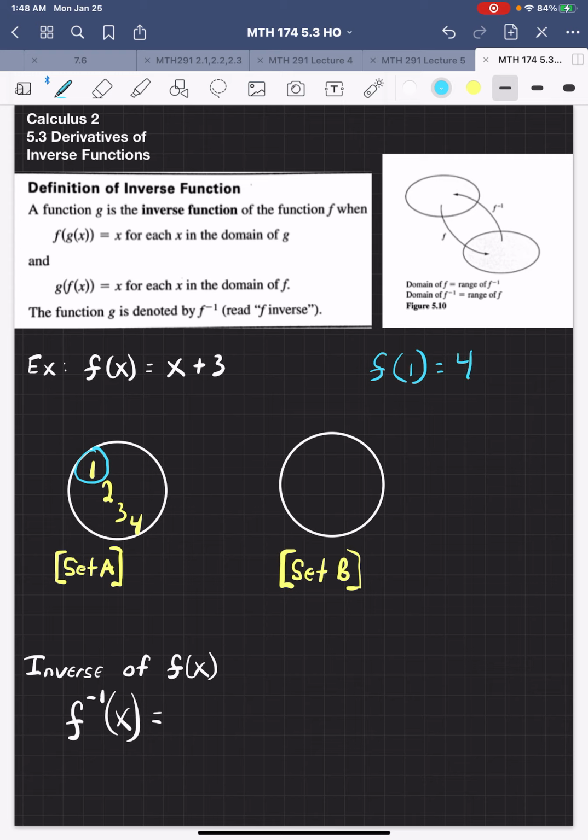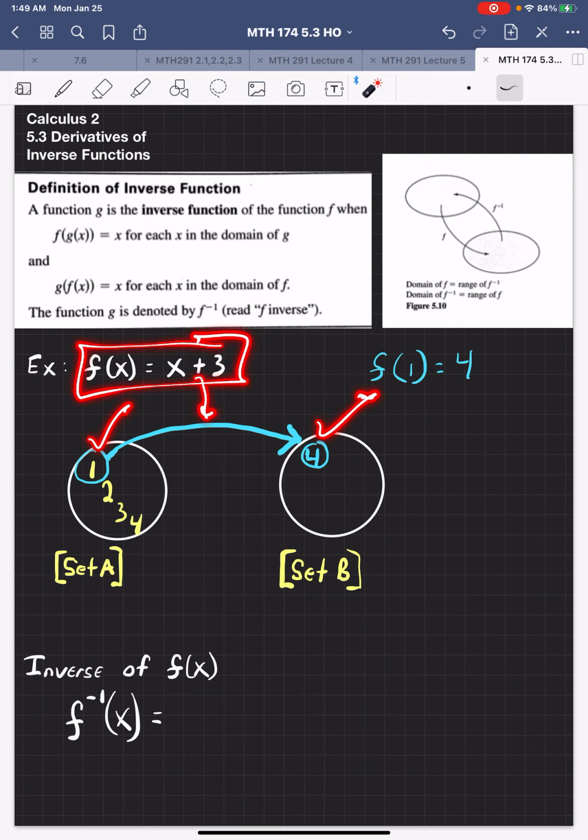I'm trying to give you a way of visualizing this through set theory. So here's the number 1, and in this other set, this is the number 4. And you have the number 1 mapping to the number 4. It's not possible for 1s to turn into 4s unless they undergo some type of transformation. Now, the function is the transformation.